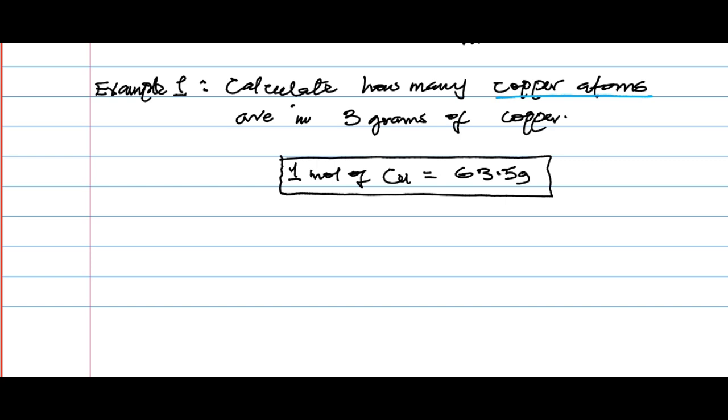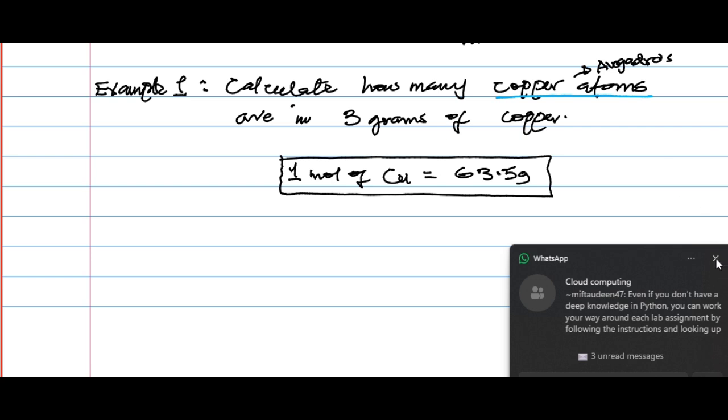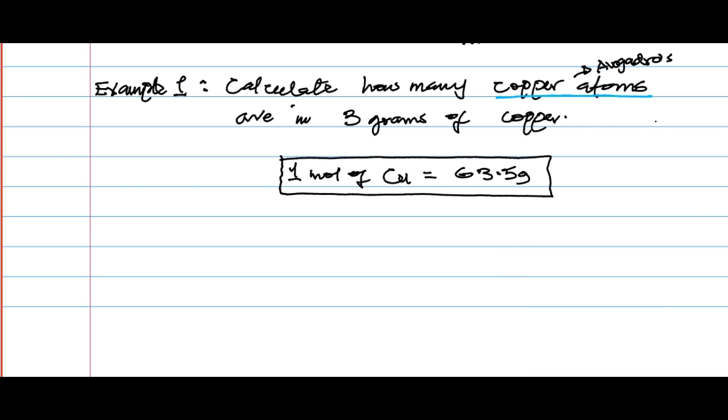So asking for copper atoms here means they want you to use Avogadro's number. They want you to use Avogadro's number when they ask for number of atoms, or number of ions, or number of molecules.